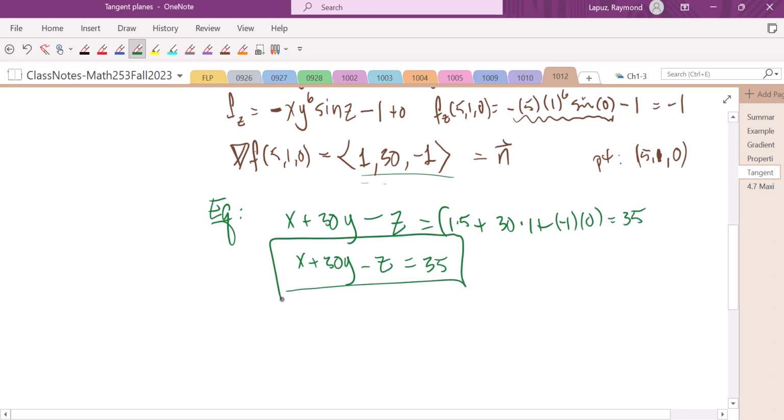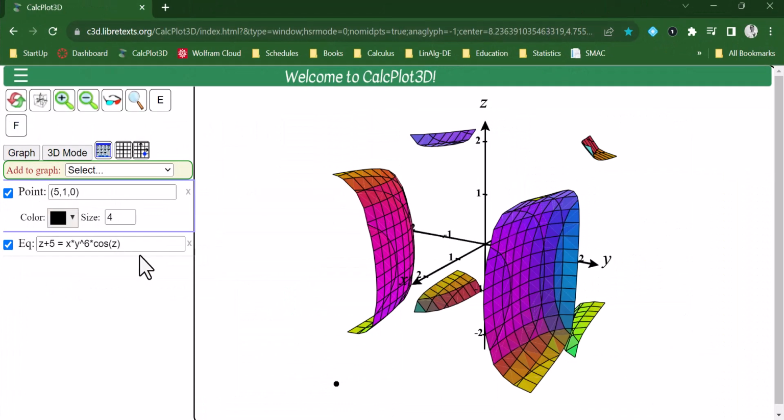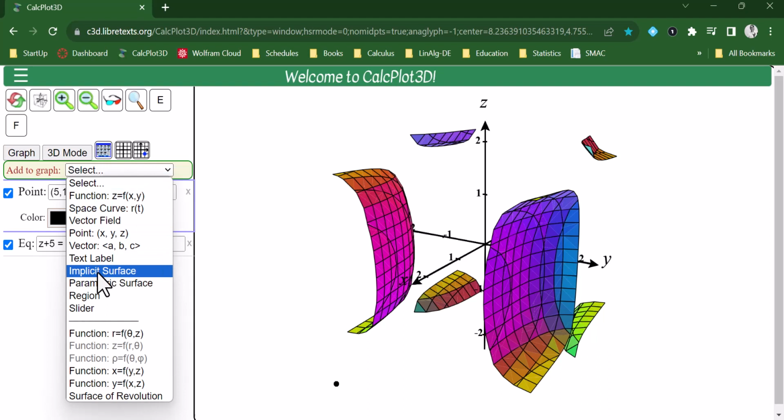Okay, now we do have the tools to look at this in a little bit more detail, and so let's take advantage of our CalcPlot3D graphing program. And I got things started already by putting in an implicit surface.